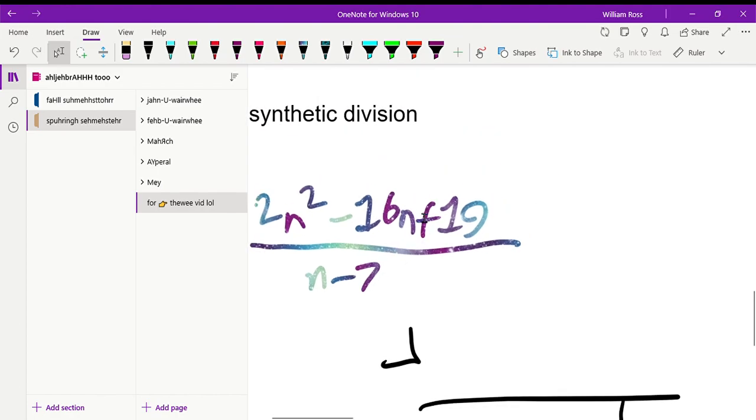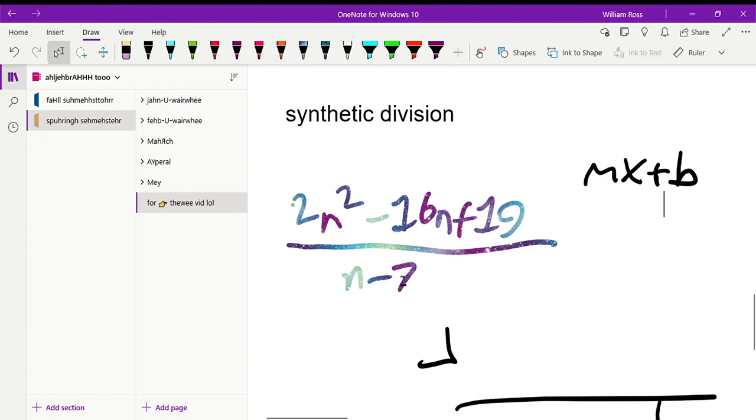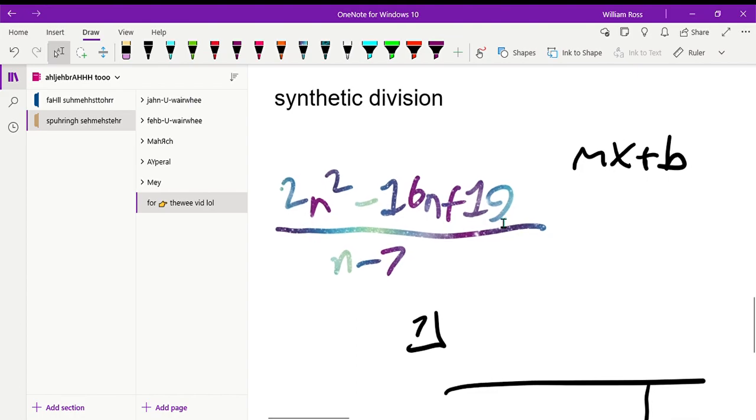And let me write this down, so you know what I'm talking about here. So you take the absolute value of b, and in this case it would be 7, -7. The absolute value of -7 is +7. Put that here. And now we take the coefficients of the numerator and transfer them to here.